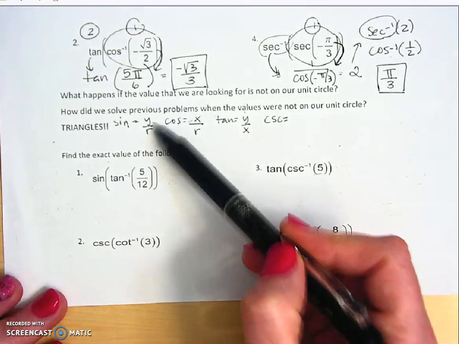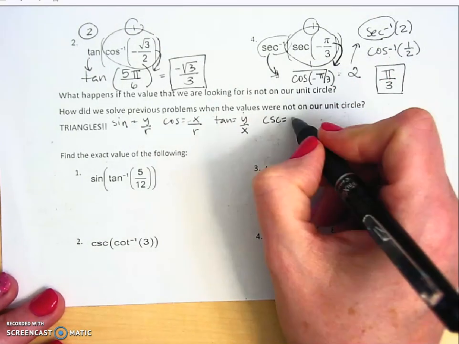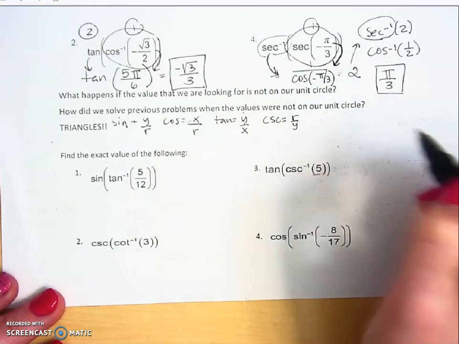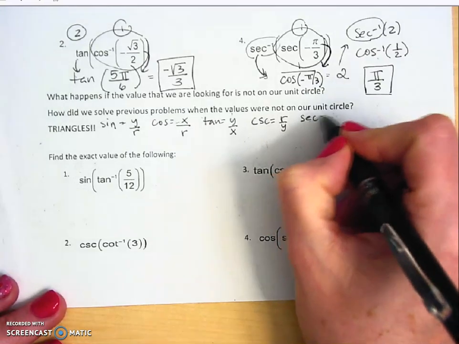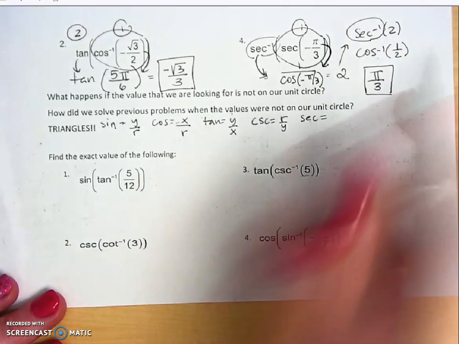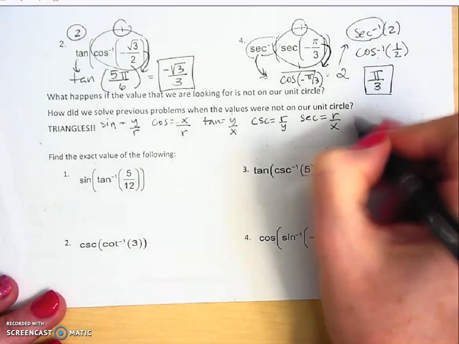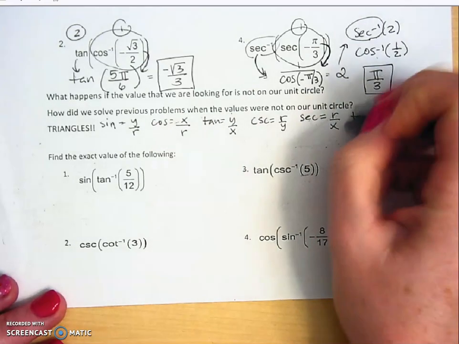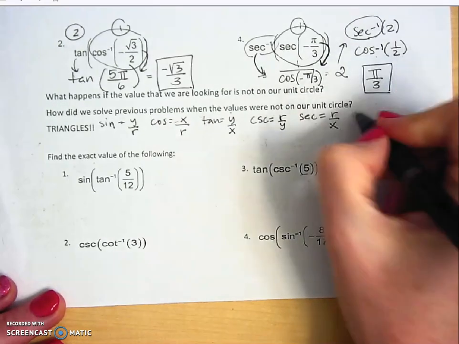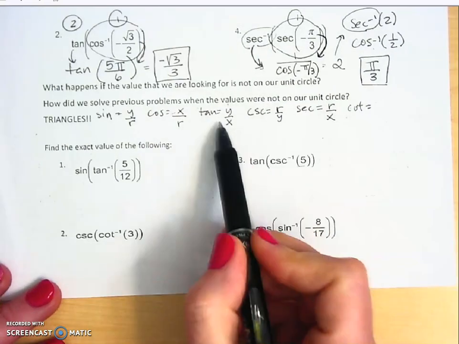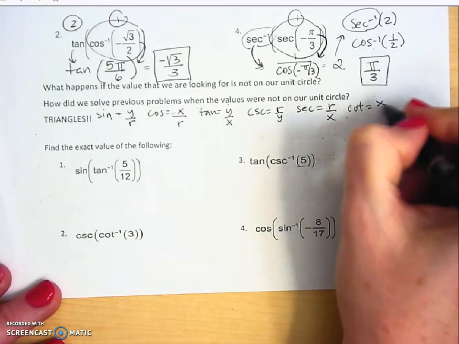So instead of y over r, it's r over y. Secant is the reciprocal of cosine, so it'll be r over x. And cotangent is the reciprocal of tan, so it'll be x over y.